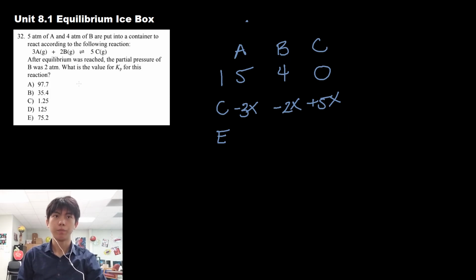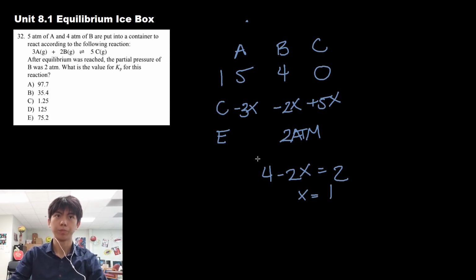This problem also states that after it reaches equilibrium, the partial pressure for B is 2 ATMs. So easily we can find out what x is. 4 minus 2x is equal to 2, so x equals 1.